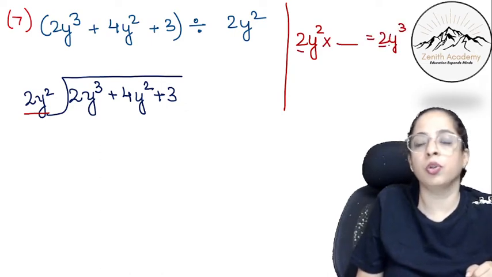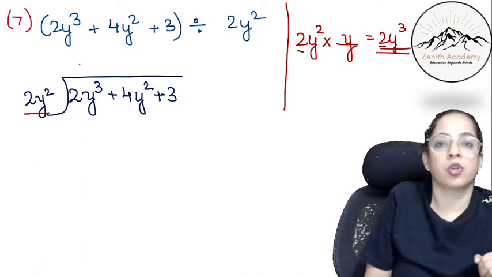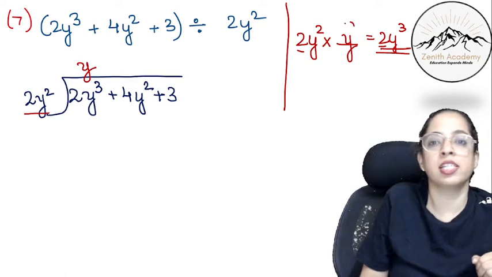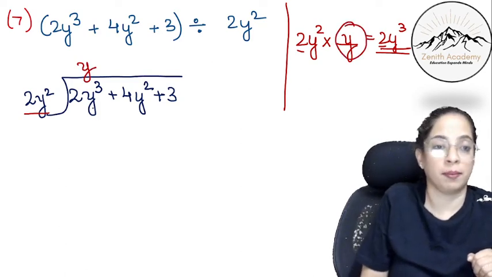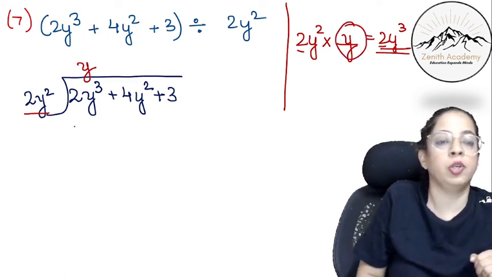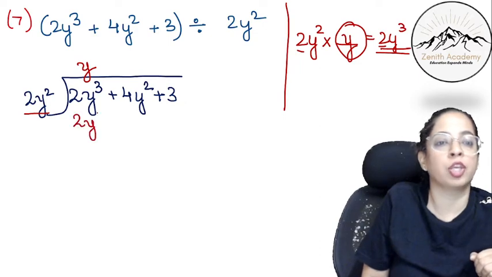See, 2 or 2 is already there. So there's a y square. So if you multiply with y, so 2y square into y will give you 2y cube. So here I will write only this y. Okay, y. So 2y square into y is 2y cube.